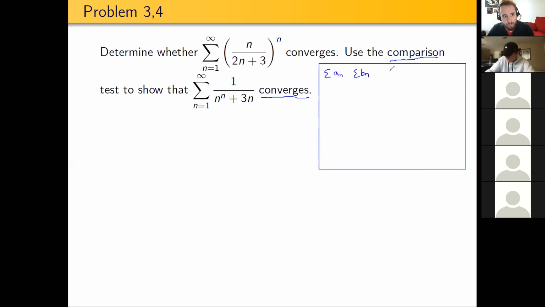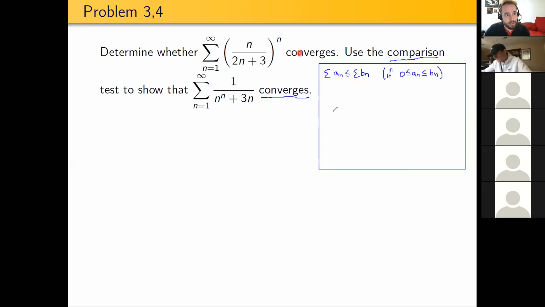And if we knew that a sub n was always non-negative, and if a sub n was always less than or equal to b sub n, then as far as series would go, the sum of all the a sub n's would be less than or equal to the sum of all the b sub n's.